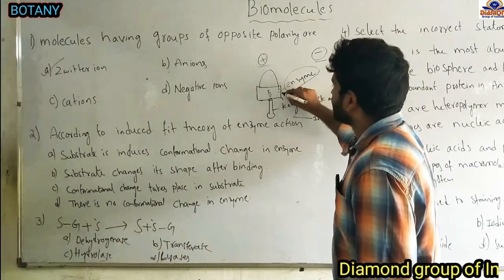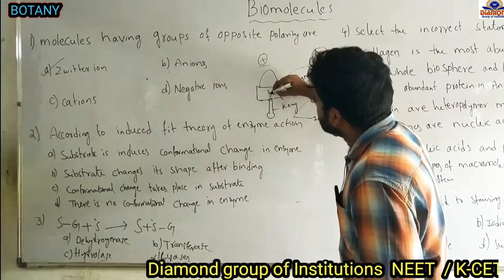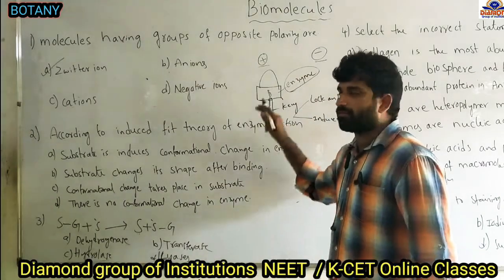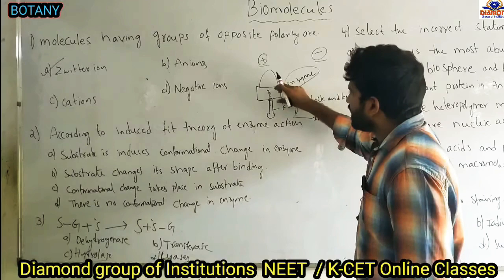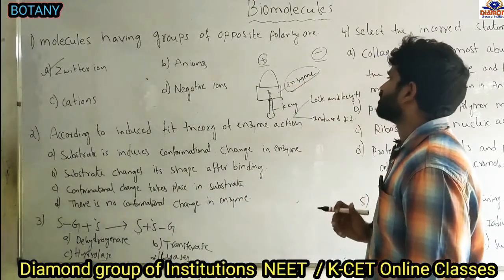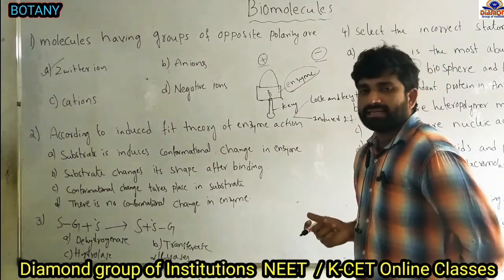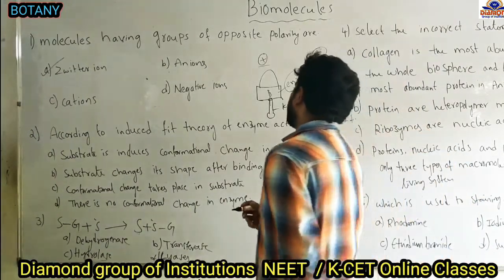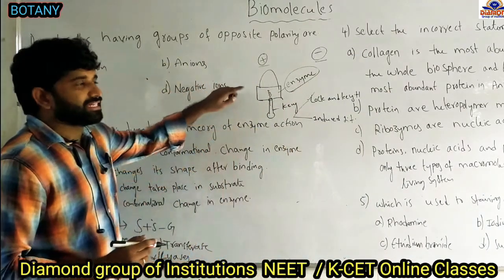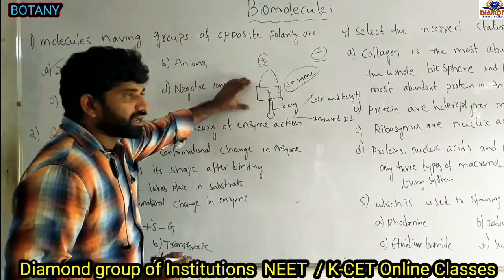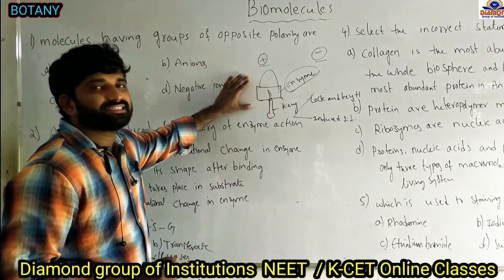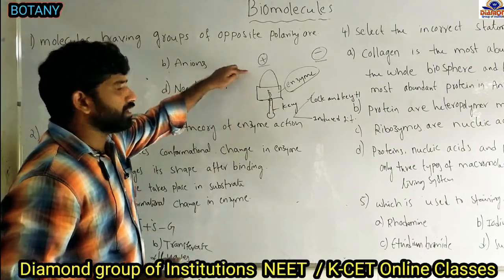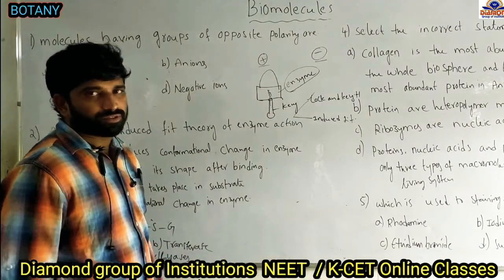So no conformational changes take place in the lock and key. That is called the lock and key hypothesis. Substrates always bind to the active site of the enzyme, and the active site does not change conformation after the substrate is inserted, like the key into the lock.